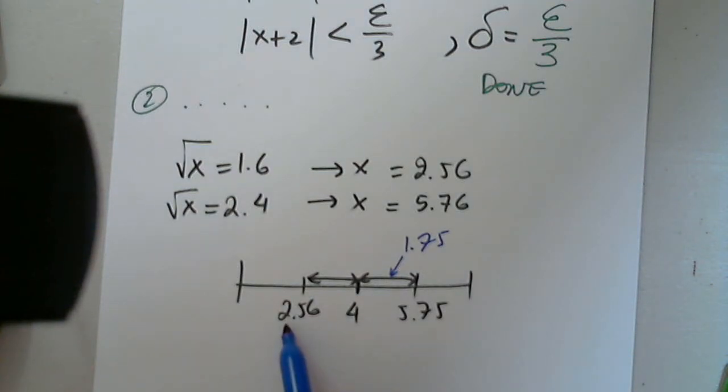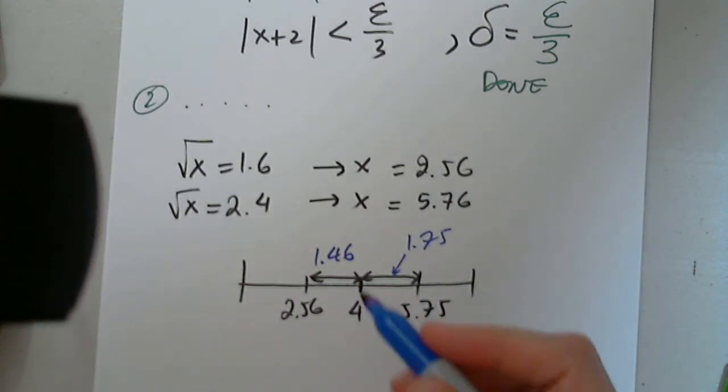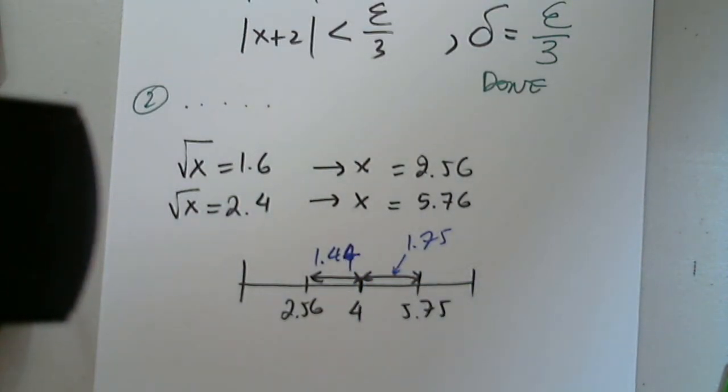And 4 minus 2.56 is 1.46. Correct my mistakes, my numbers, my errors anytime. I'll give credit for that, because I may see something you don't. You may see something I don't. 1.44. You're right. Shouldn't it be 1.76? Oh, this was 6. Yes.